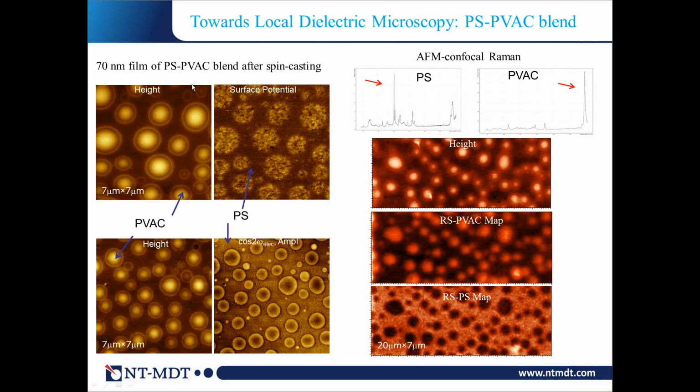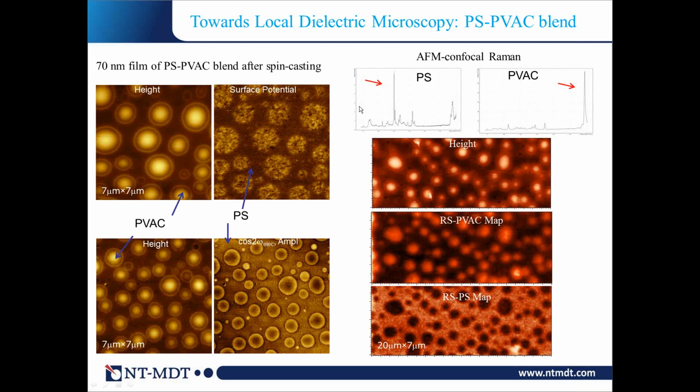Also in this slide, we're looking at this system, polystyrene PVAC, a microphase separated blend. The components don't like each other. PVAC is supposedly in domains in the polystyrene matrix. I say supposedly, but now we know this is true, especially when we started to use, with Pavel Dorozhkin's group, spectra, the combination of AFM with confocal Raman.